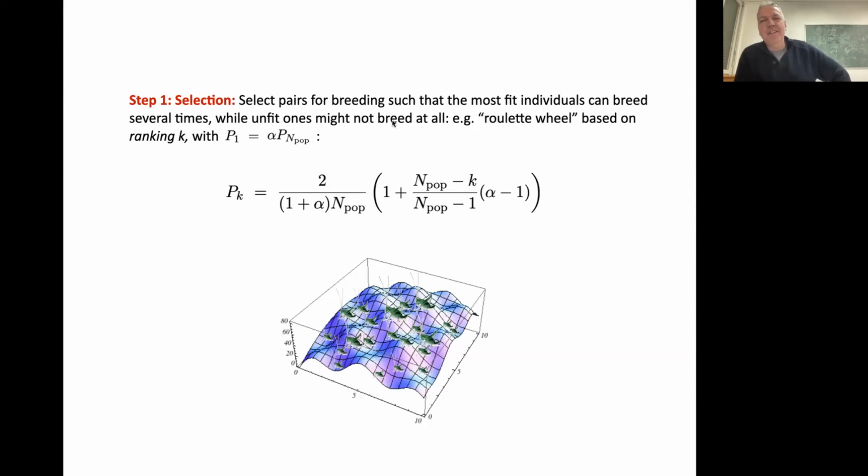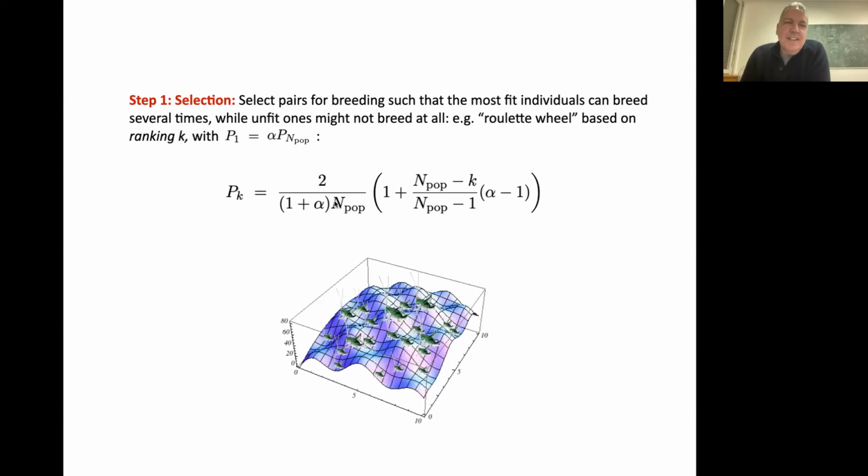You make pairs of genotypes, selecting them randomly, but biased by how fit they are. And so there's some probability of selection. If n pop is, say, 100 or something, alpha is the number of times that the fittest one breeds more than the unfittest one. And this is a way to write the probability of selection such that that's true.